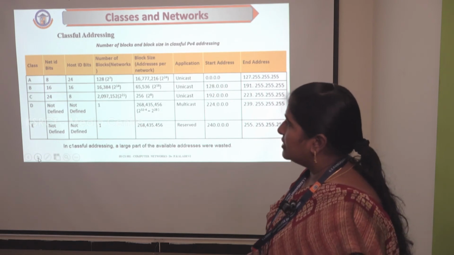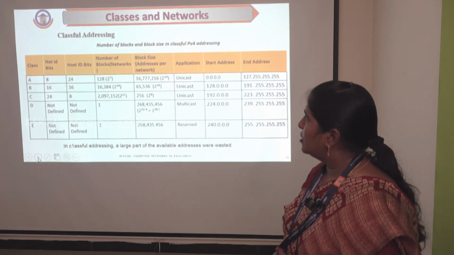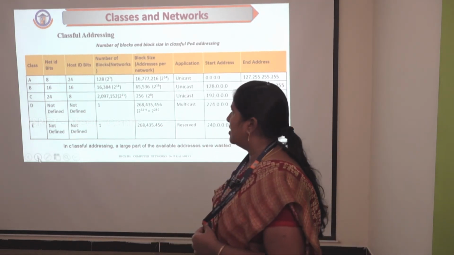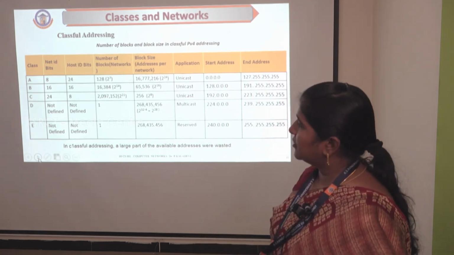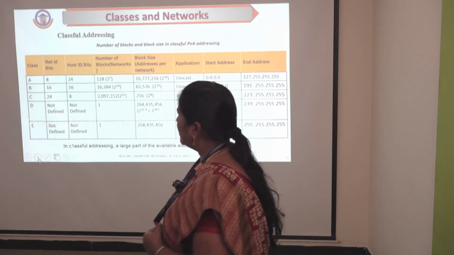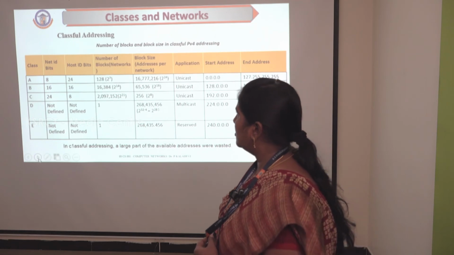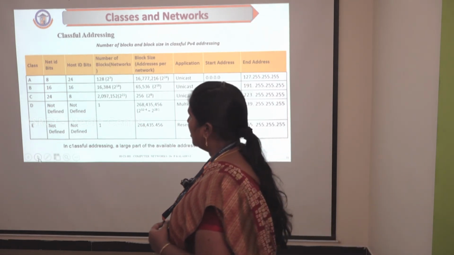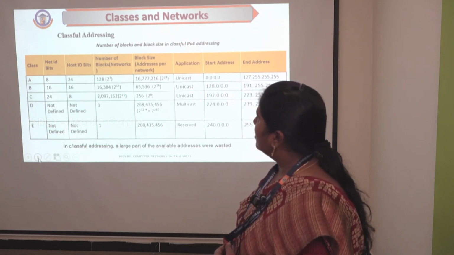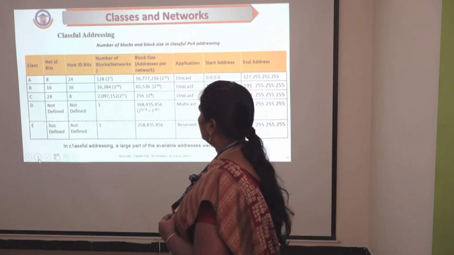In class B, 16 bits are network bits and 16 bits are host bits, so we can have 2^16 networks and 2^16 hosts. In class C, 24 bits are the network address and 8 bits are the host address, so we can have a maximum of 2^21 networks, and each network can have a maximum of 256 hosts.